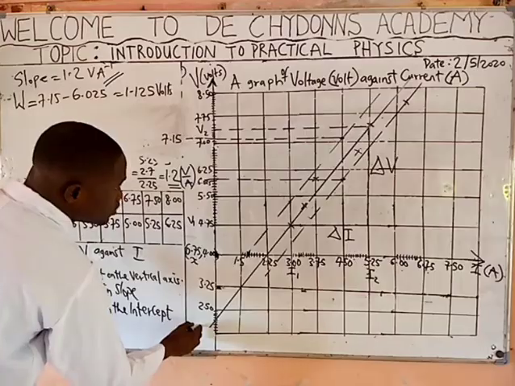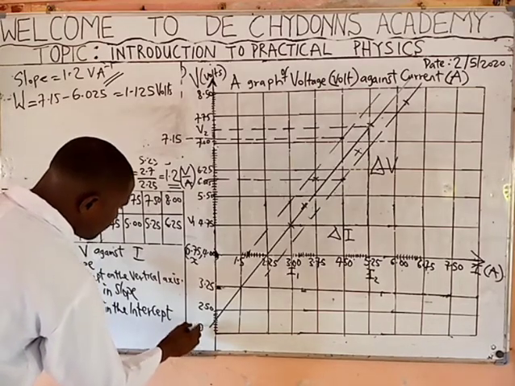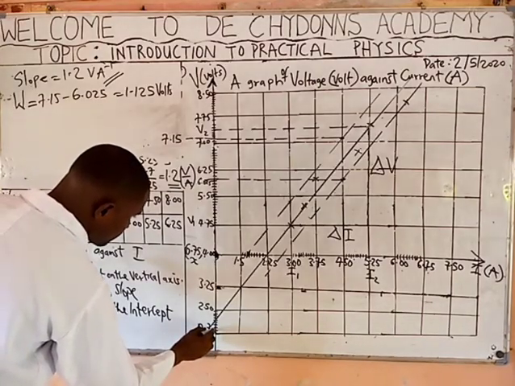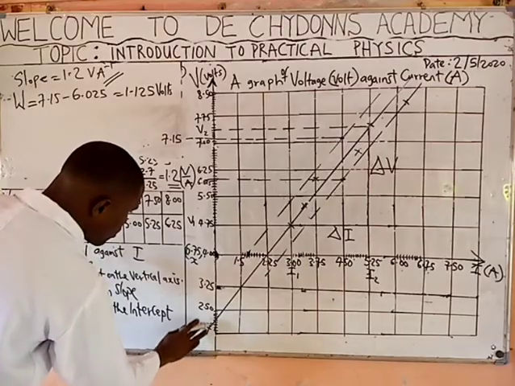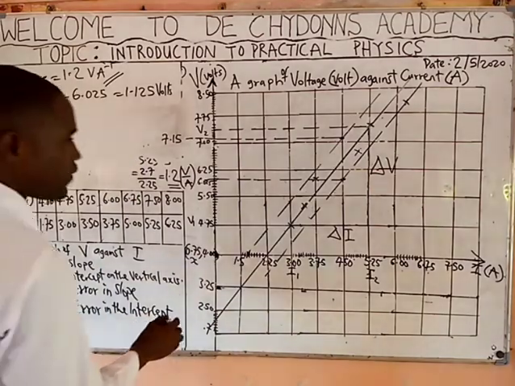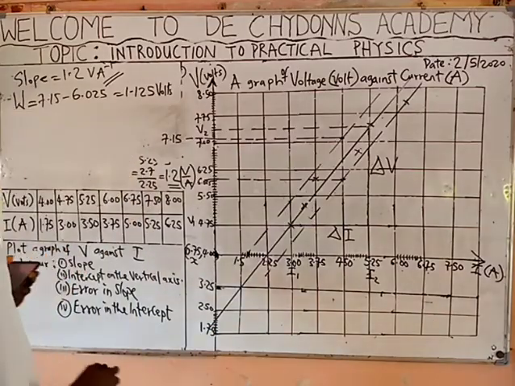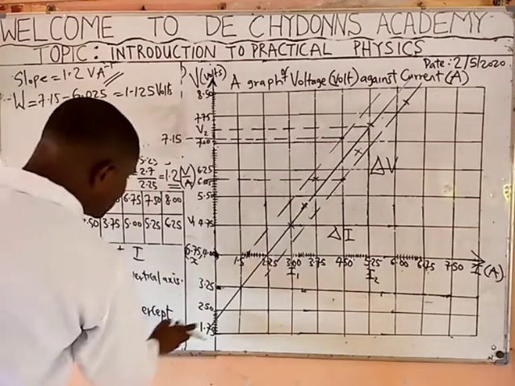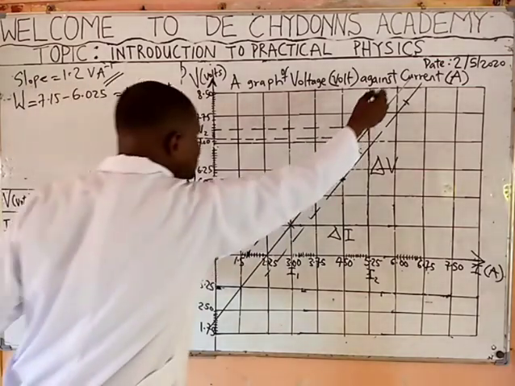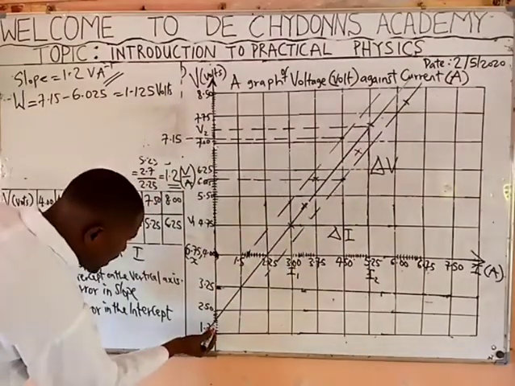Here will be 0.75. Here will be 1.75. So, as it is this way, this line of best fit will cut across here.